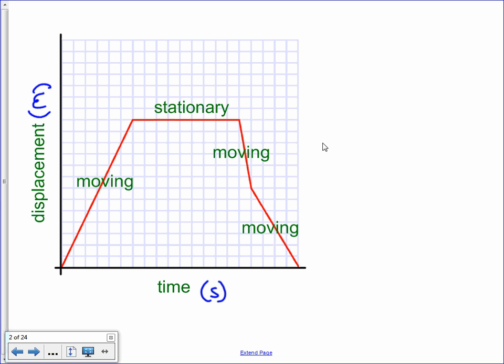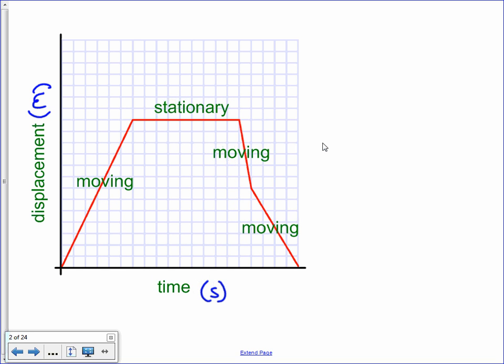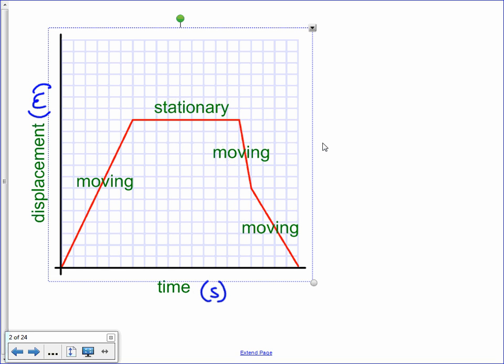We're going to talk about the slopes of graphs and what they mean. A couple things. Do we have a positive slope or negative slope? In this section we have a positive slope. In this section here, we have a 0 slope.